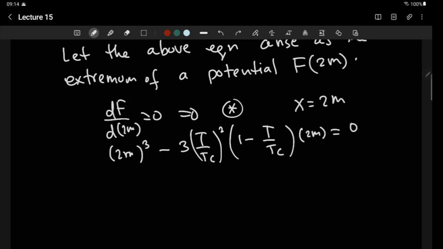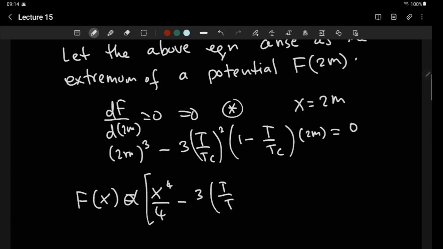So f of x, by integrating this, will be x to the power 4 by 4 minus this whole thing. I'll put a proportionality constant because I have the freedom of multiplying it by some other constant just to make it look nice.